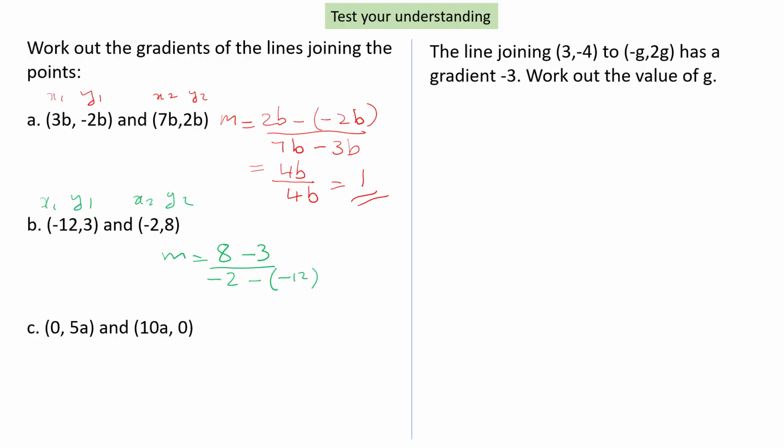If you have a negative coordinate and you put the bracket, you may not make a mistake. So 8 take away 3, 5, divided by negative 2 minus 12, which is positive 12, positive 12 take away 2, 10. So which is half.